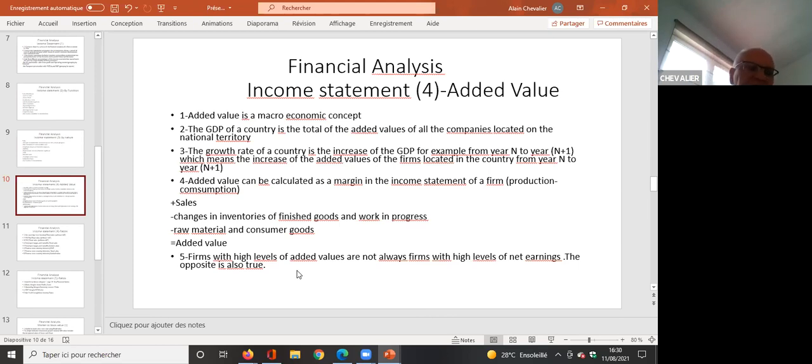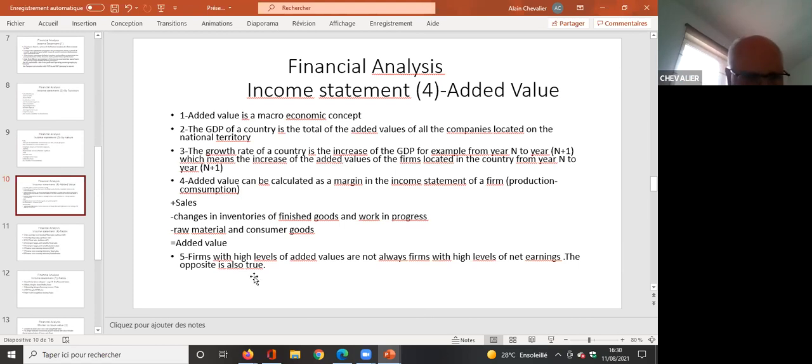But the level of added value is not a good proxy of what will happen in terms of return on equity. You can get high return or low return. It depends really on the business model. Okay.